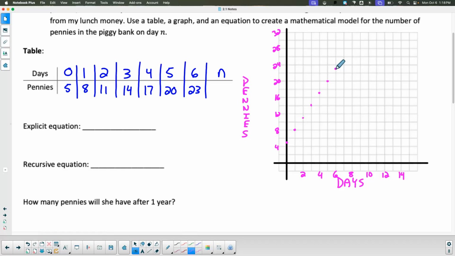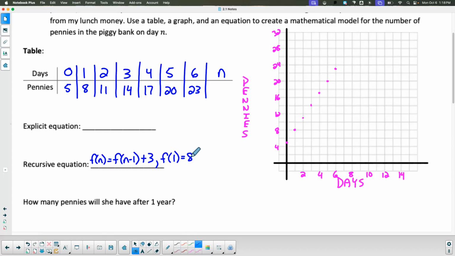Okay. So what would my recursive equation be for this one then? F of n, and then f of 1 equals 8. Or any of those, right?